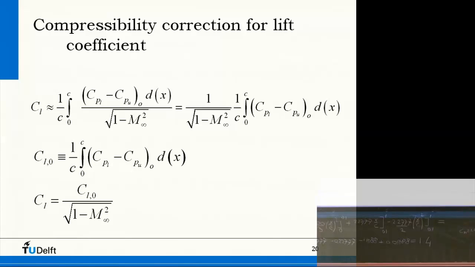So the compressibly corrected one is this one. Well, of course, 1 is constant. M infinity squared is a constant, so you can take it out. So it's 1 over the square root of 1 minus M infinity squared. So if we do the same thing as with the pressure coefficient, so we write the CL0 as the incompressible lift coefficient based on the incompressible pressure coefficient, then the compressible corrected one, it is an approximation actually, using the Prandtl-Glauert rule, the compressible corrected CL is this incompressible CL over the square root of 1 minus Mach infinity squared.